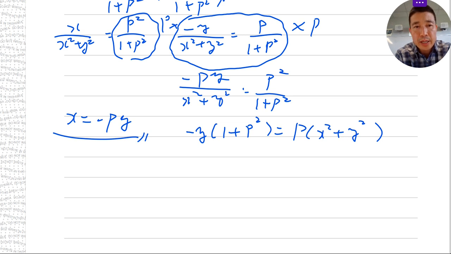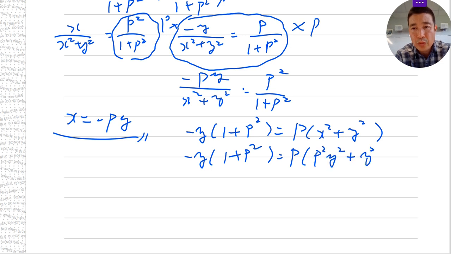And I know x is minus py, so I can change this in terms of y and p. So minus y times 1 plus p squared equals p times, x squared is p squared y squared, plus y squared.